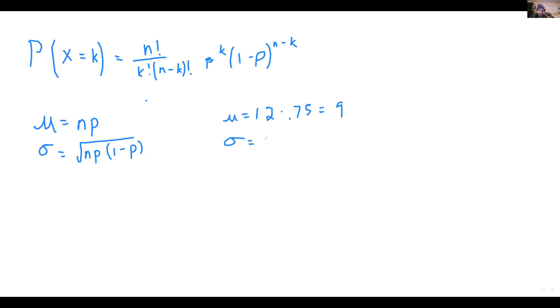Sigma is the square root of 12 times 0.75 times 0.25, which equals 1.5.